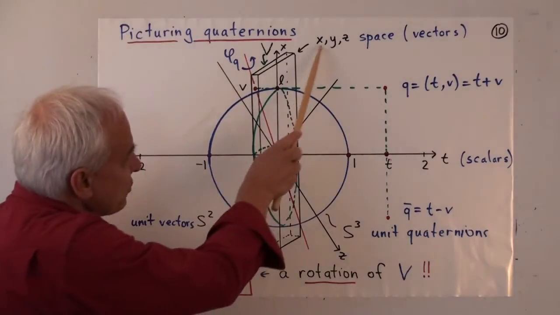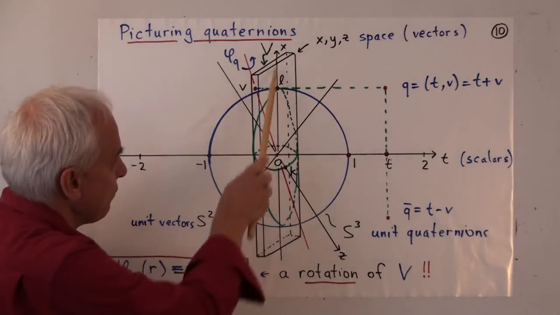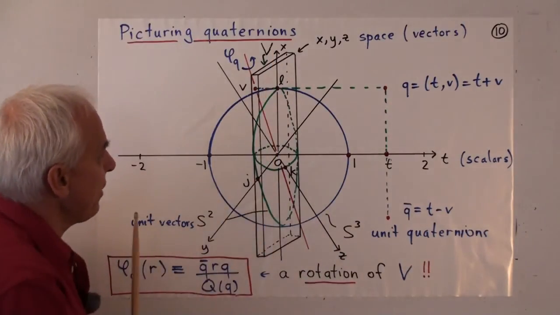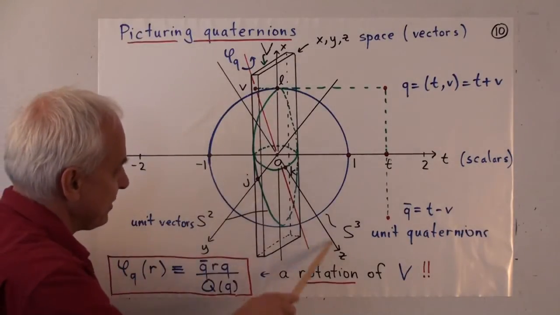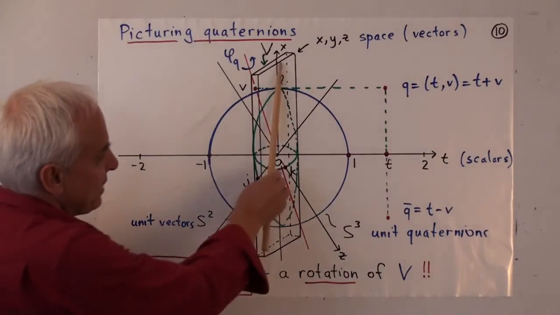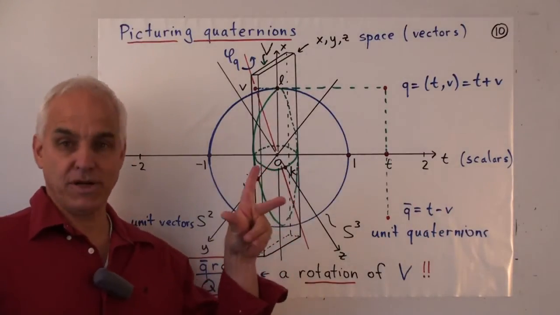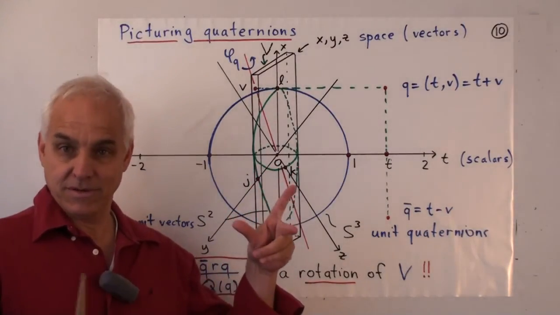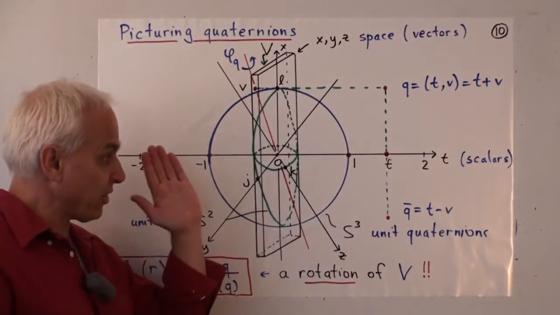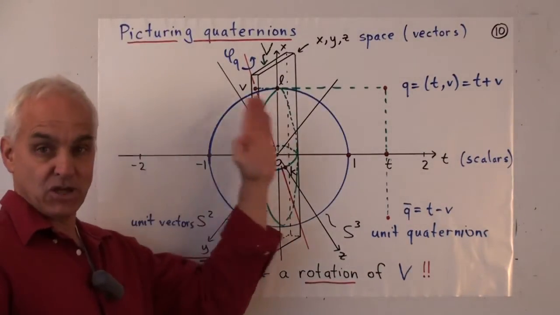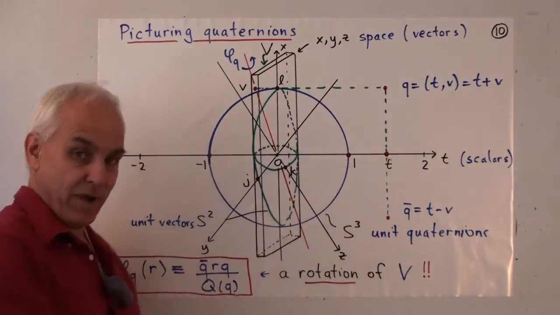The actual x, y, and z axes I've also drawn. So here I've put the x-axis up and down, and the y-axis here, and the z-axis here. And you should think of these three axes as being a right-handed coordinate system in the usual way, except that all of them are contained within this three-dimensional perpendicular slab to our scalar direction.